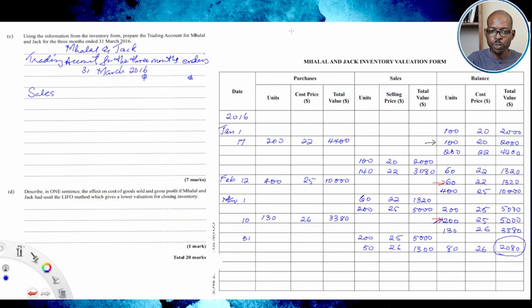So when we look back at the question, you will pick up 240. Let me just show you the calculation here quickly. Sales figure will be made up of 240 multiplied by a selling price of $40. Also 260 multiplied by a selling price of $42.